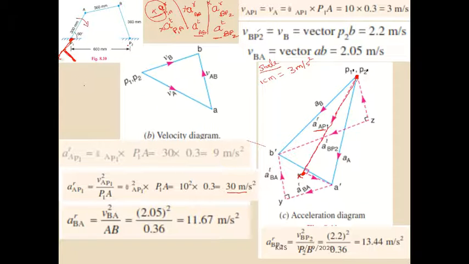The tangential value is 9 meter per second square. 1 centimeter goes to 3 meter per second square, so 9 means you have to draw a 3 centimeter line. From this point I have drawn a perpendicular line. One radial, one tangential. Now I got point A.